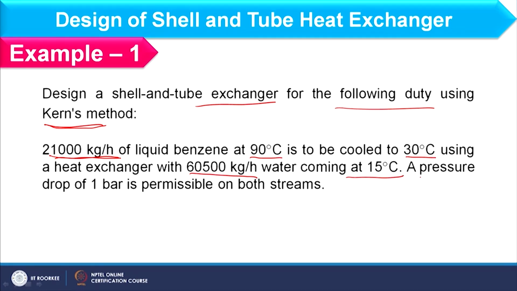Further, we are given that a pressure drop of 1 bar is permissible on both sides. So, you see the condition on pressure drop is already given to us, and we have to design the shell and tube heat exchanger when liquid benzene is exchanging heat with water. One fluid is liquid benzene, the other fluid is water.